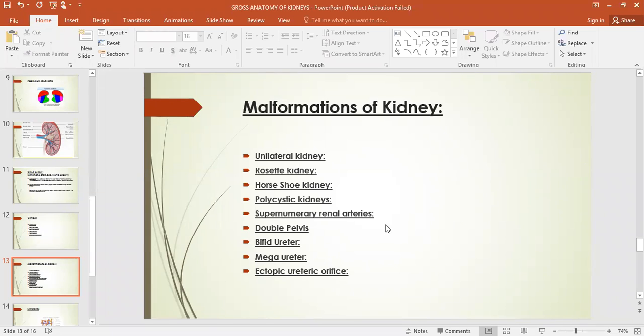The other one is the megaureter. The megaureter may be unilateral or bilateral, in which there is absence of peristalsis and stasis of urine occurs in the ureter. So the megaureter is a large ureter which has no peristalsis, because urine travels from the kidney to the bladder by peristalsis.